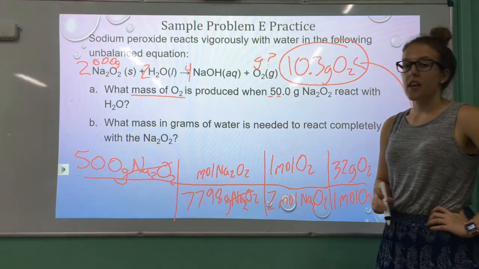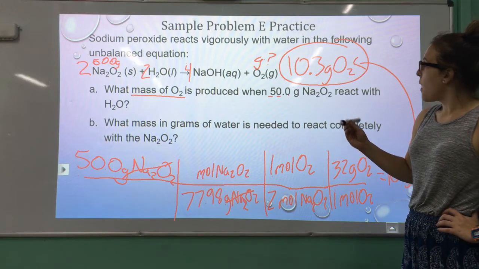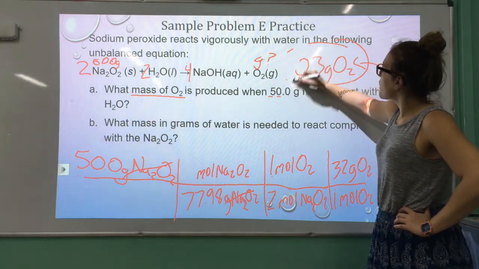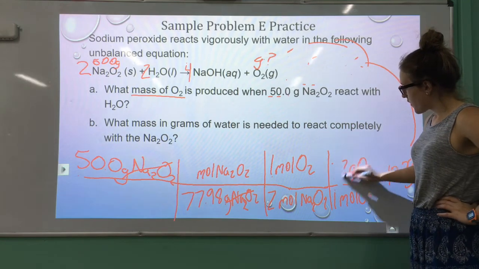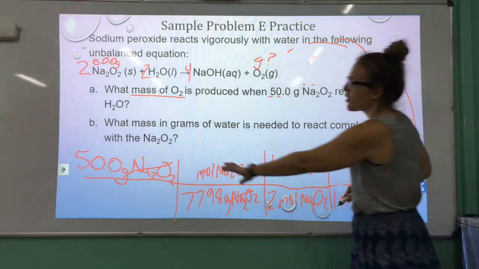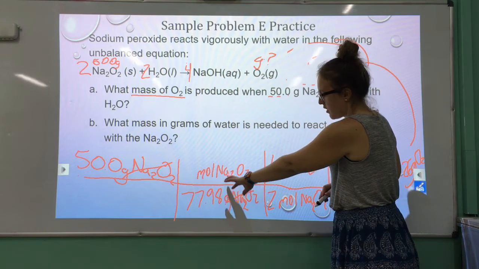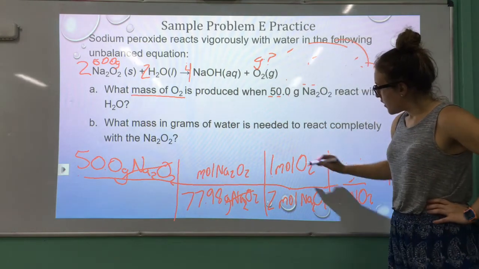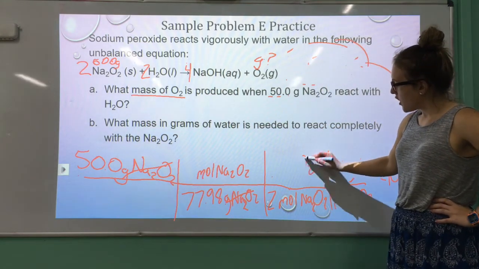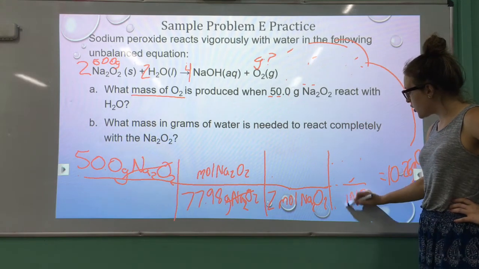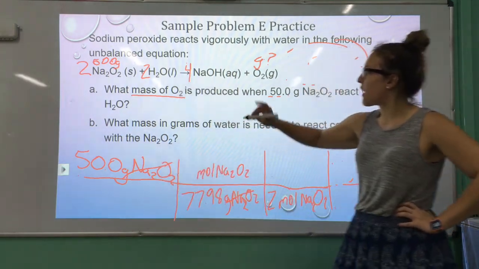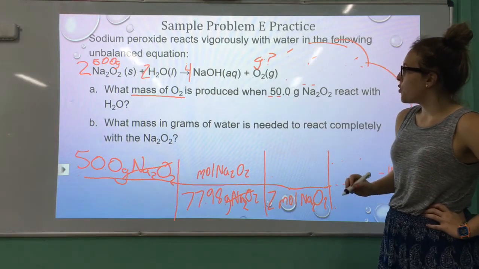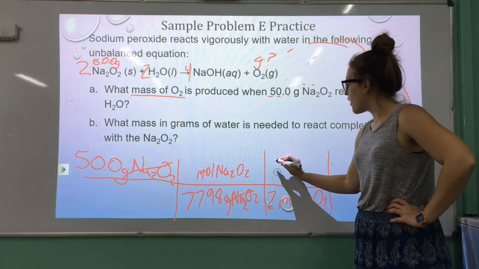Now, what mass in grams of water is needed to completely react with the sodium peroxide? So let's erase this. We can keep this so far. We have the grams. All we need to change is the mole-to-mole ratio, because for every 2 moles of sodium peroxide, we get 2 moles of water.